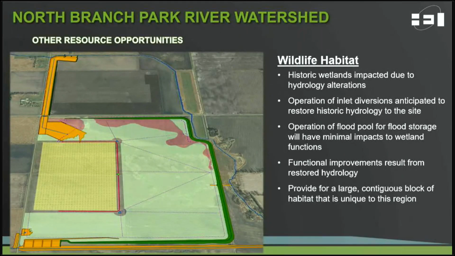So through the operation of the site during non-flood times, we're trying to operate those inlets into the site to help mimic what we think the historic hydrology would have looked like in this area, to help reestablish the wetlands that exist within the site. Ultimately, this would result in a pretty large chunk of contiguous combined upland and wetland habitat. That's pretty unique to this part of the world, so we do see that as another opportunity with the site.